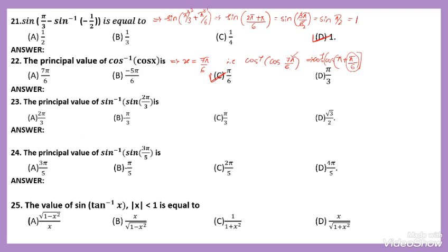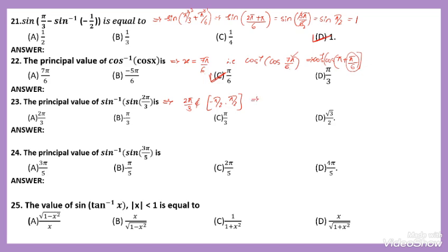Again, the principal value of sine inverse of sine 2 pi by 3 can be written as 2 pi by 3 according to the property, but 2 pi by 3 does not belong to the range minus pi by 2 to pi by 2. So I have to write it in the range.